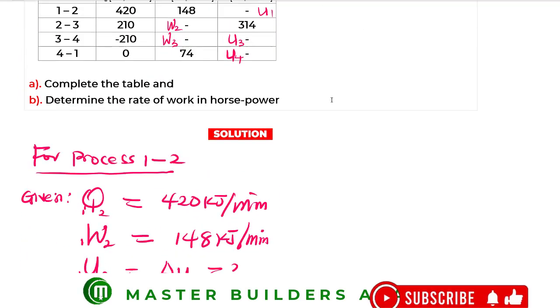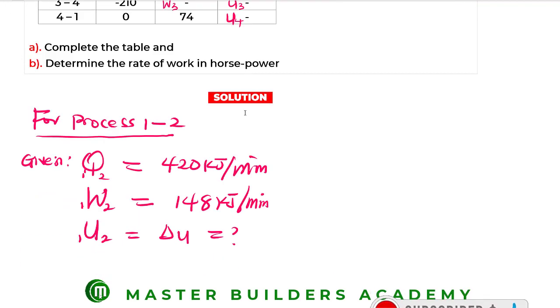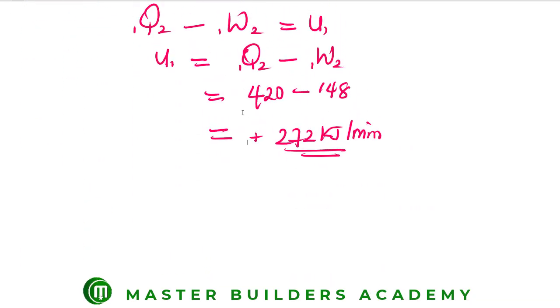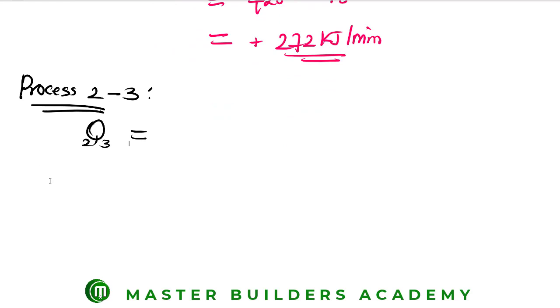Now, if we come to the second process, which is process 2 to 3, as you can see here, we are given heat. We are not given work done, but we are given internal energy. So let's put this down. Process 2 to 3. Again, we are given Q2 to 3, and W2 to 3 as W2, which is not known.